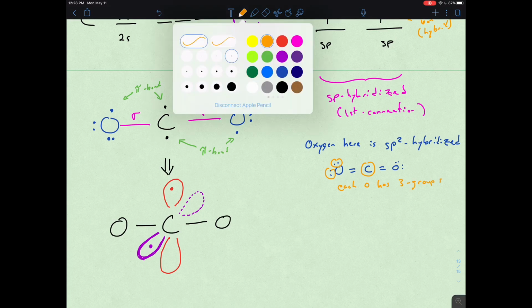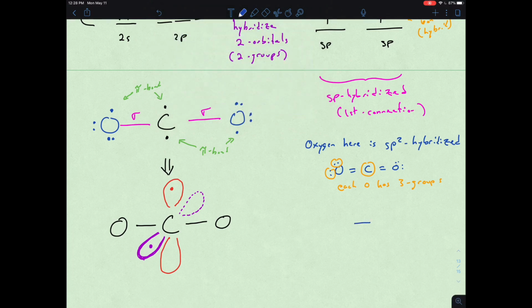So if we were looking at our electronic configuration for each one of those oxygens, they have the 6 valence electrons, so we have 1 in each before we start to pair.